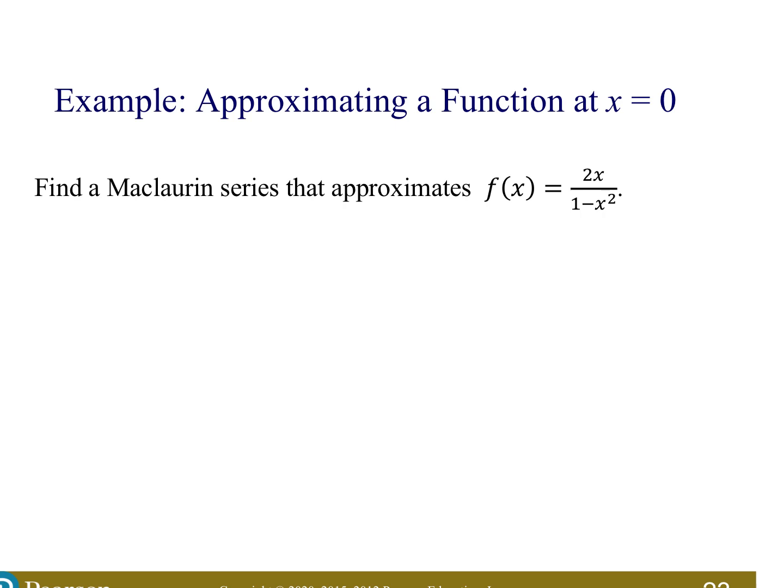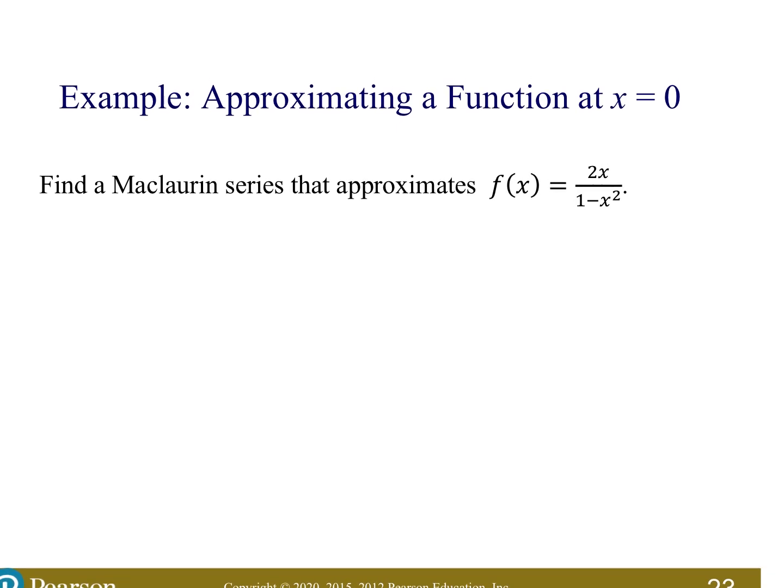Find a Maclaurin series that would approximate 2x over 1 minus x squared. Okay, 2x over 1 minus x squared. Start with the closest thing you know, which is 1 over 1 minus a. That would be the closest thing.